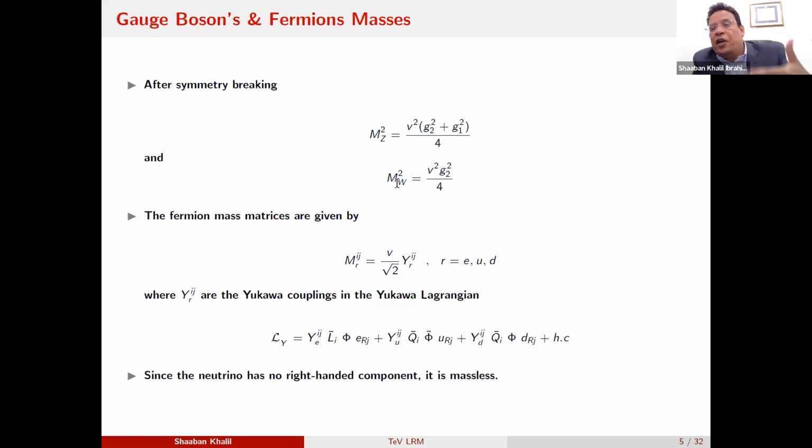We know that G Fermi, which we determined from our previous measurements as about 10 to the minus 5, should be equal somehow to the gauge coupling G2 square over MW square. And then we realized that MW should be of order 80 GeV. So MW is not new, but people used the value of MW, 80 GeV, to say, okay, we know MW, we know G2, then we know the VEV. And it turns out the VEV is 174.